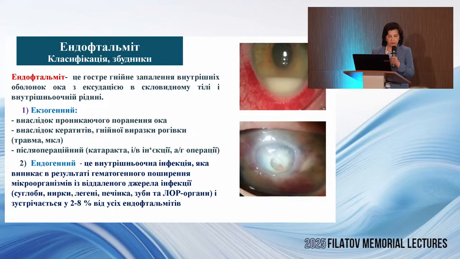Exogenous one and another one associated with corneal ulcers or in patients that are wearing contact lenses, especially the control lens. So the endogenous endophthalmitis starts with intraocular infection due to hematogenous spreading of the germs from a far away location of infection.